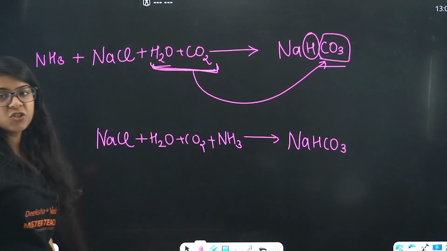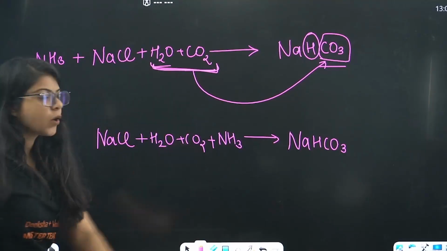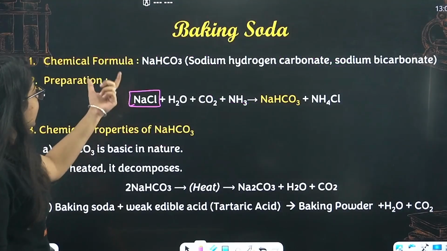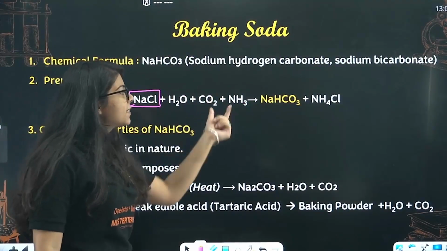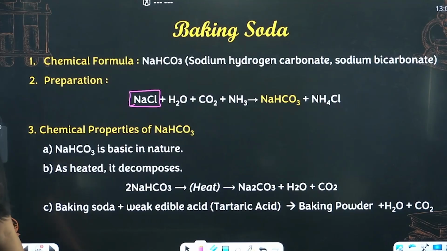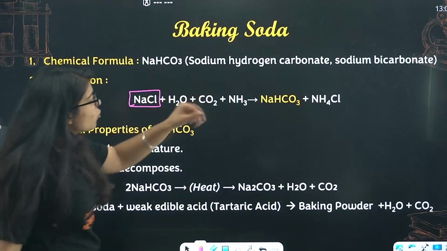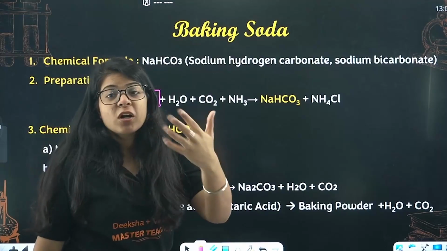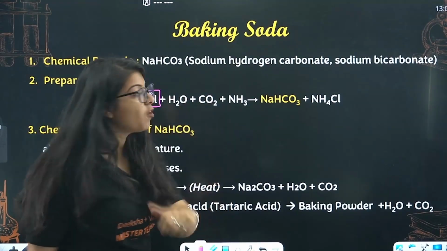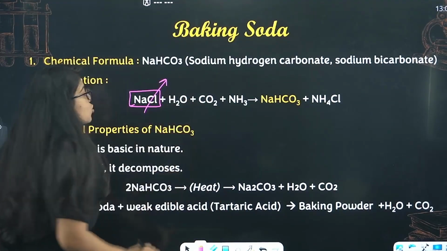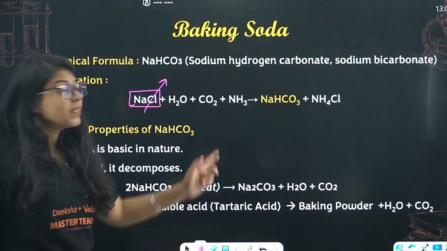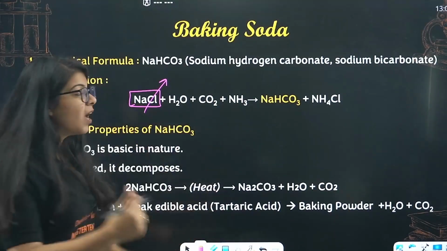Ammonia, NH3. Done. Okay. So we will get NaCl plus water plus carbon dioxide plus ammonia, that will give you NaHCO3. Okay. Now beta, there are so many products, right? So a byproduct will form. This Cl goes out. So either it will be Cl2, but there is ammonia, so it will combine with ammonia.